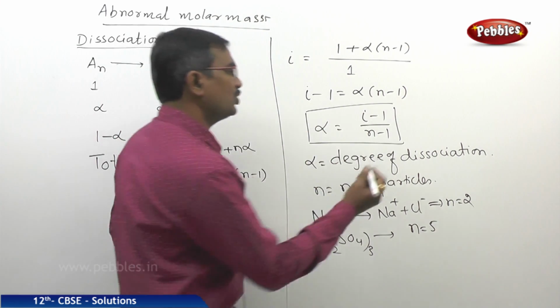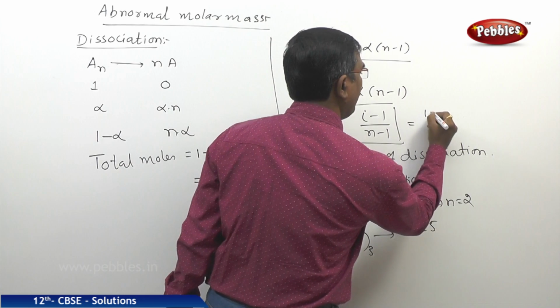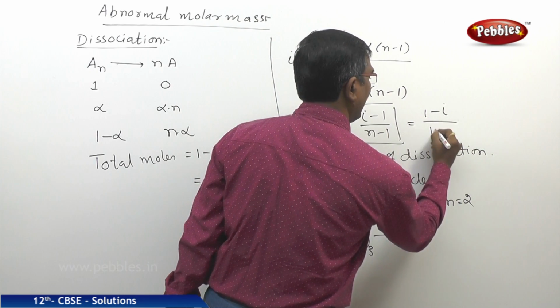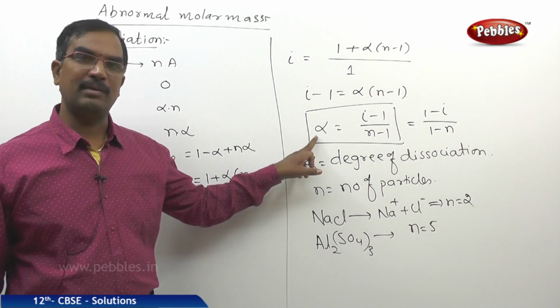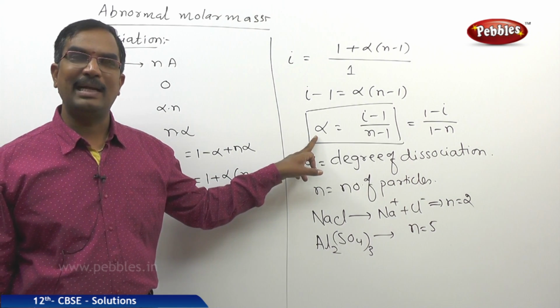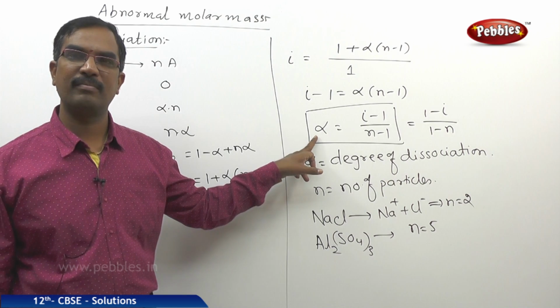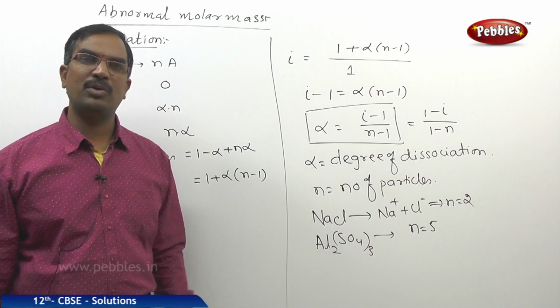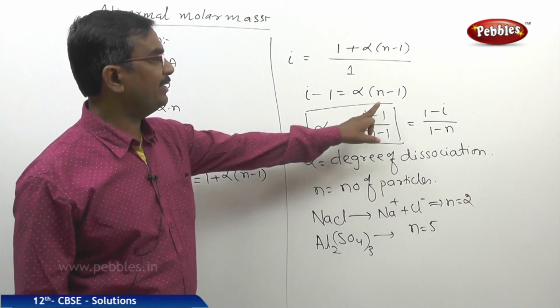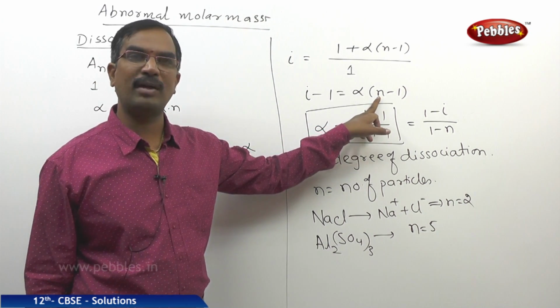Of course, we can also write this as (1 minus i) divided by (1 minus n). It's also true. From this we can get the value of alpha, the degree of dissociation.